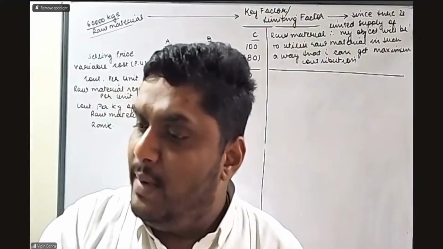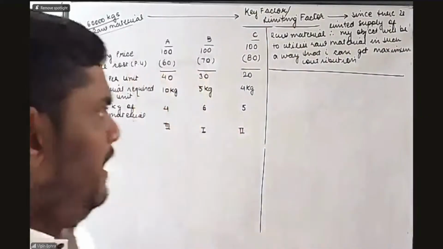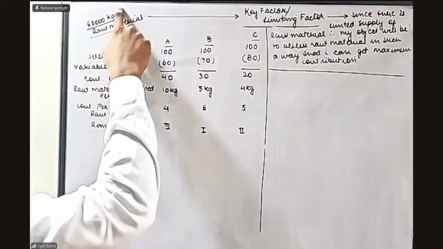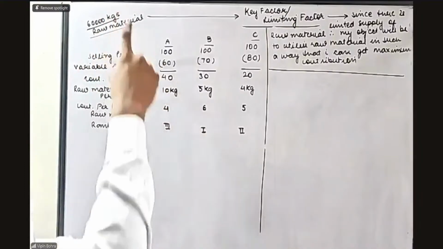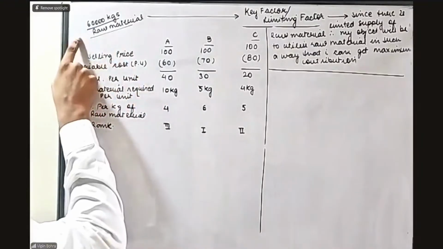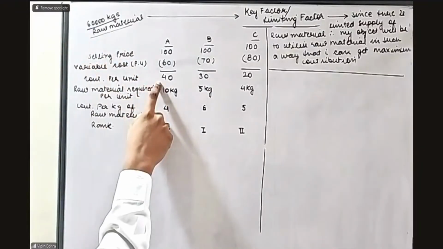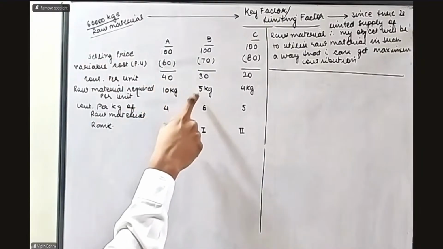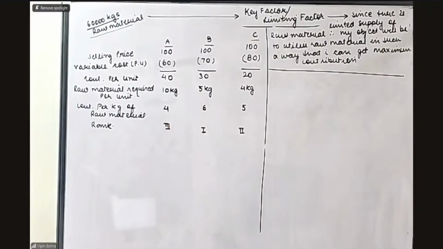You can check the number of units, Hina Kumar. If it is 10 kgs per unit, 6,000 units will be manufactured, as we have 60,000 kgs of raw material. The total contribution will be 6,000 into 40, that is 2,40,000.